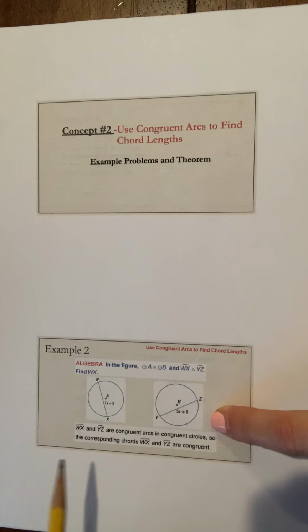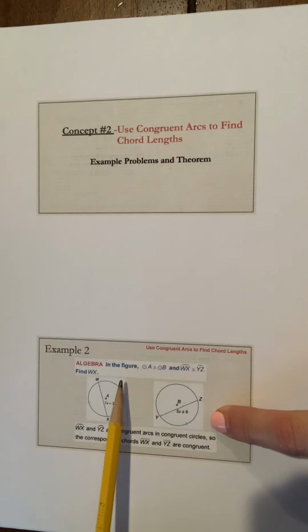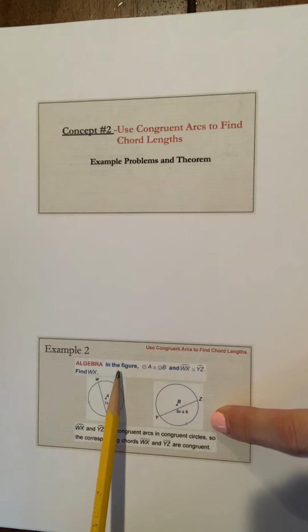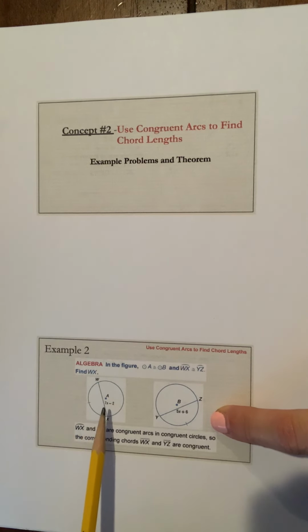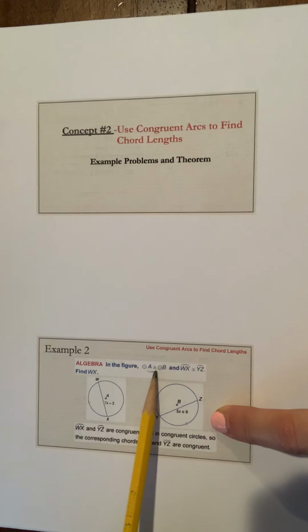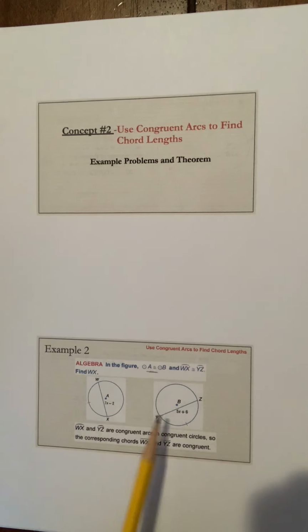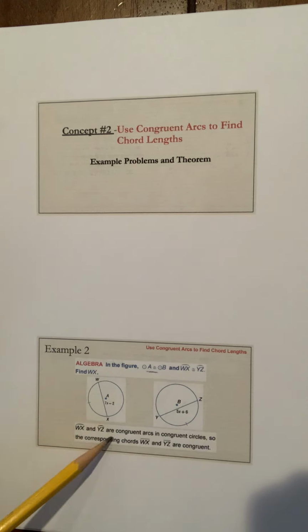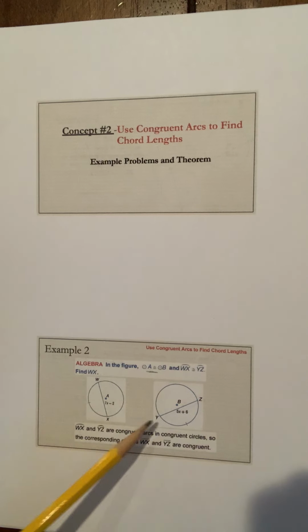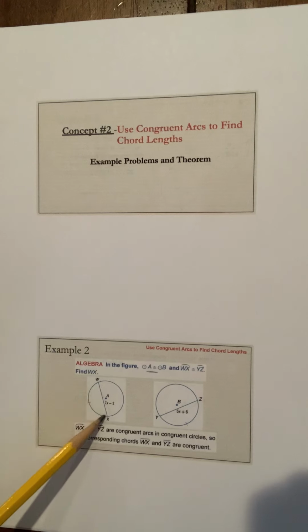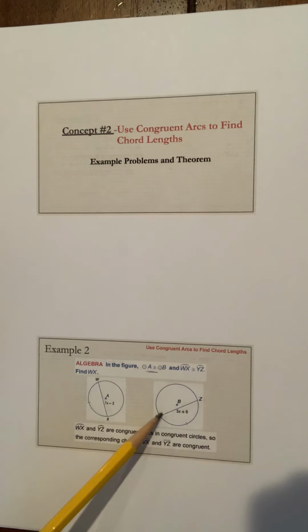All right, so if we're looking here, this is a little different because they're not the same circle. But in the theorem, it said that the congruent chord or the congruent arc theorem applies if the circles are congruent also. So if circle A is congruent to circle B, I'm going to look at the chords, all right? I don't know if the chords are congruent, but they do have minor arcs associated with them which are congruent.